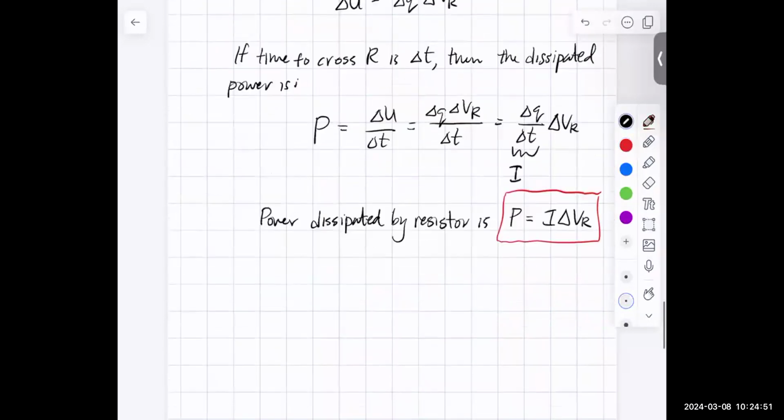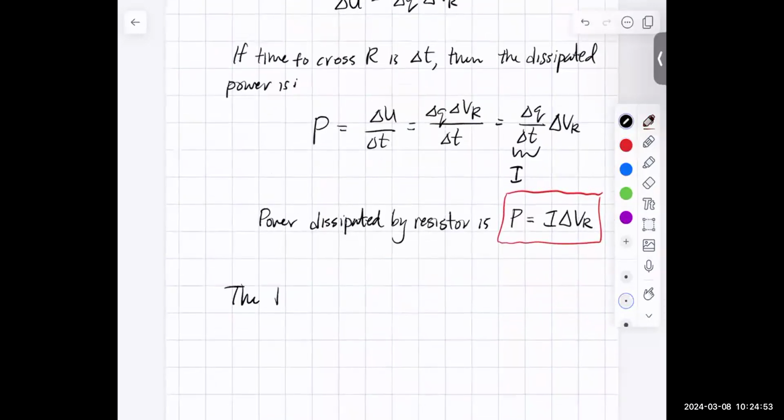So the dissipated energy is transformed into heat.